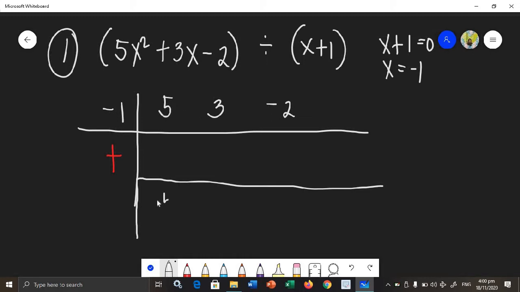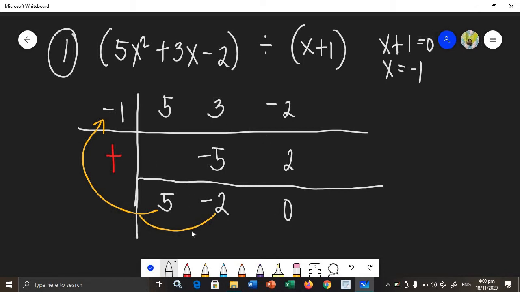So, bring down 5, and then multiply 5 by negative 1, and the answer is negative 5. Then 3 plus negative 5 is negative 2. The process is repeated: negative 2 times negative 1 is 2, and negative 2 plus 2 is 0.